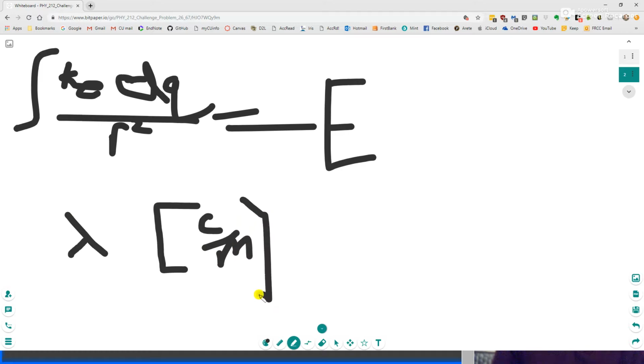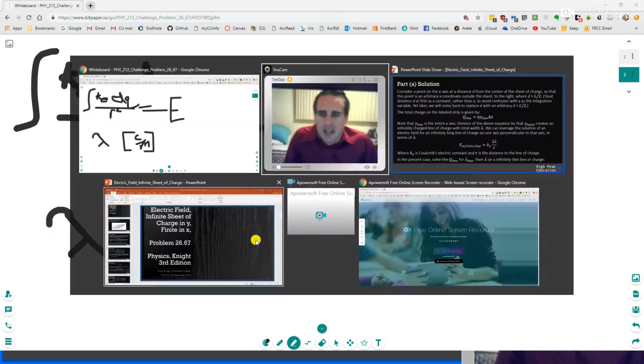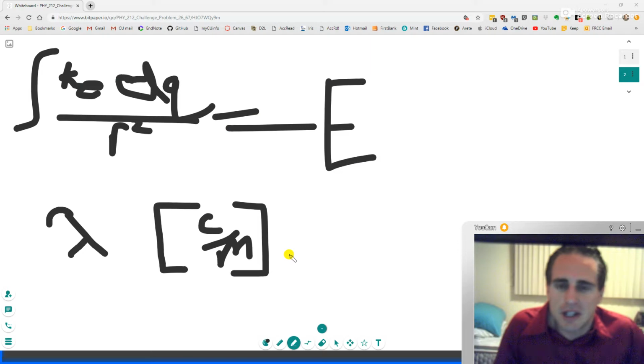Okay, that's terrible. Let me try that again. That's better. Coulombs per meter, so that's the units of lambda. And the lambda is not wavelength here. It's linear charge density, so you might consider putting a different font on it. In any case, lambda is the linear charge density.